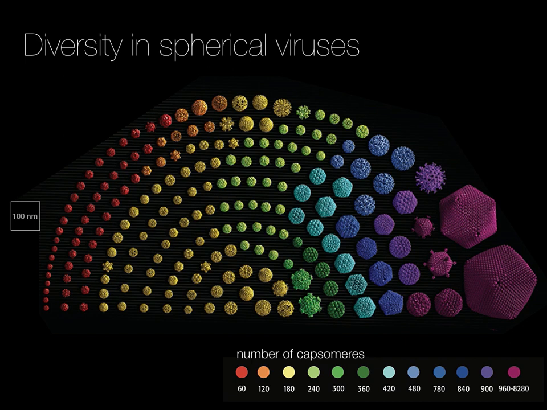We see that the ones that have 60 are just the red ones. So what happened to the rest? How can we make the rest of all these capsids and have this difference in sizes? Well, you can also observe something here in the numbers, is that they are all multiples of 60. So how is this possible? What's the geometry that is behind the assembly of the rest of all these capsids?